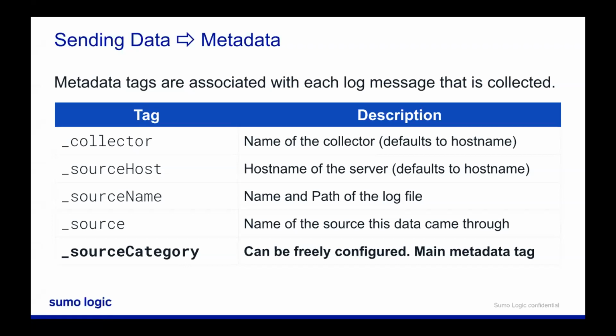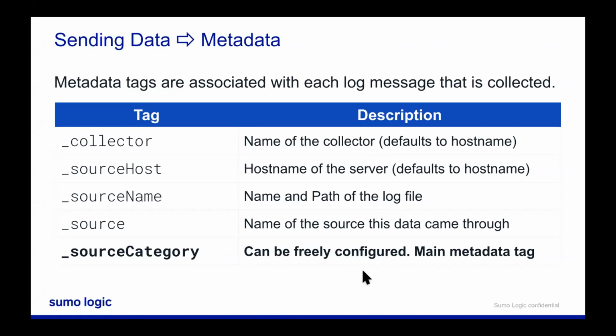So, for example, a lot of companies may have a prod environment, a dev environment, a QA environment, whatever. And then in those environments under prod, they might have web servers or email servers or authentication servers. So they might have something like source category equals prod / authentication / and then the name of my authentication logs.